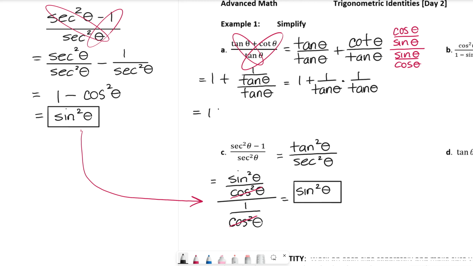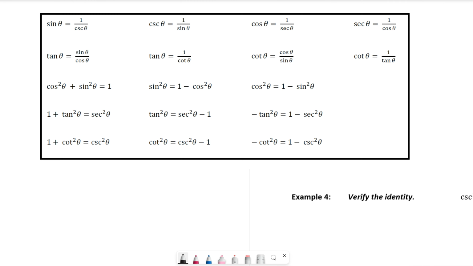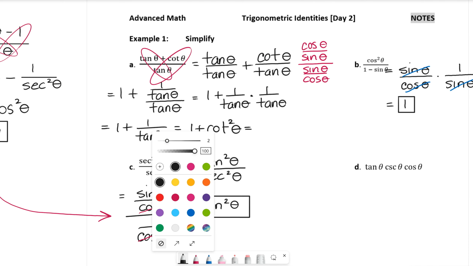That simplifies to 1 plus 1 over tangent squared theta. 1 over tangent squared theta is 1 plus cotangent squared theta. And then if you go look at your formulas, 1 plus cotangent squared theta is the same thing as cosecant squared theta. So let's go put that back in our problem.